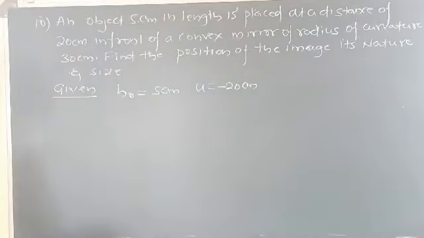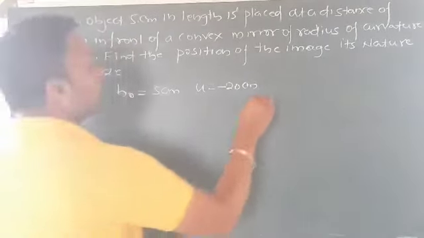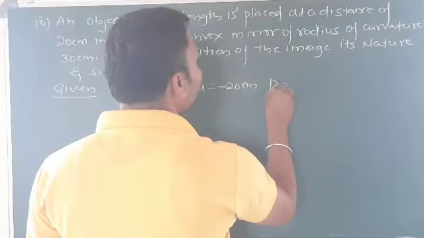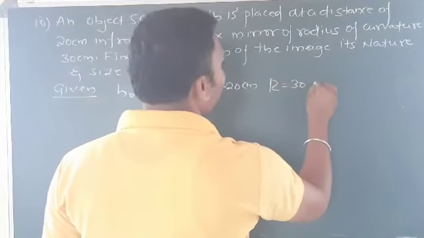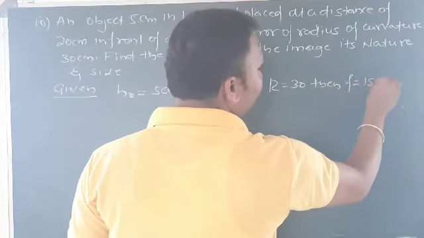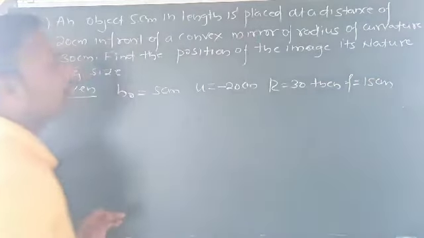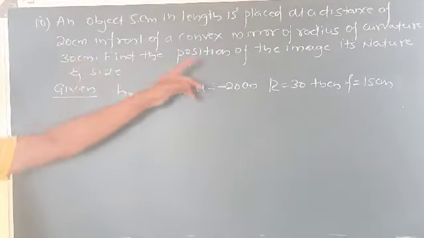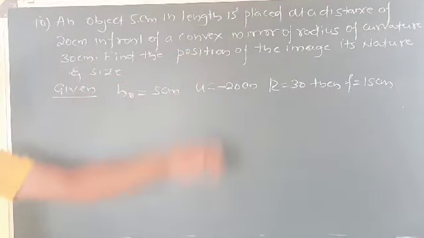Radius of curvature r is given, r is equal to 30, then f is equal to 15 centimeter. It is a convex mirror, which means f is positive. Find the position of the image and its nature and size.